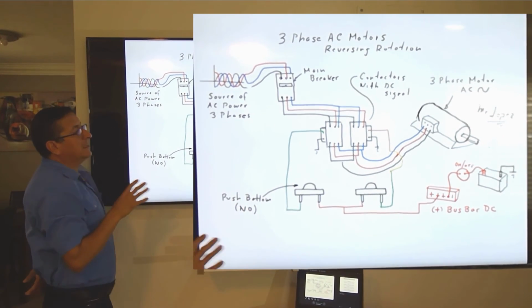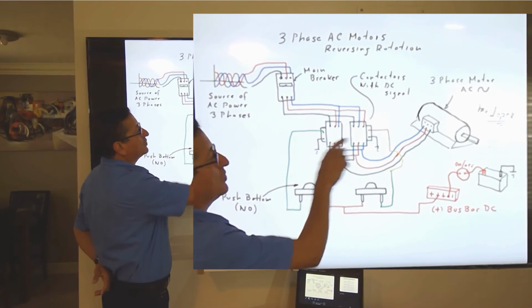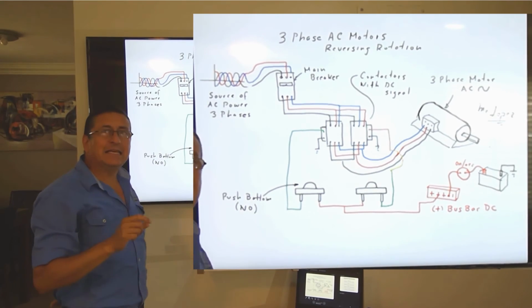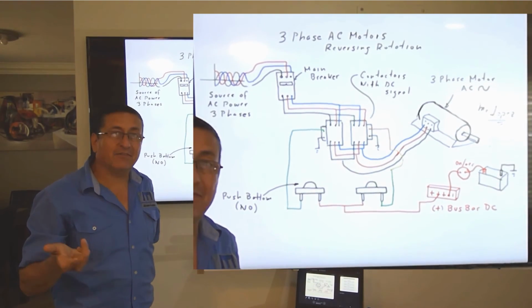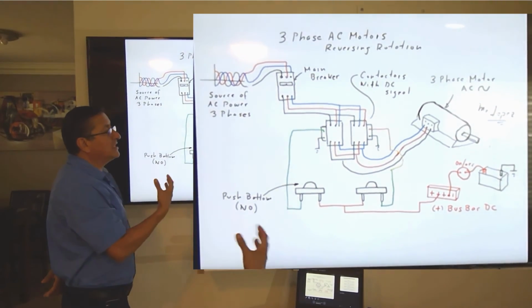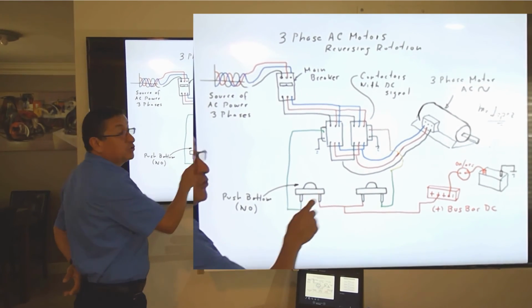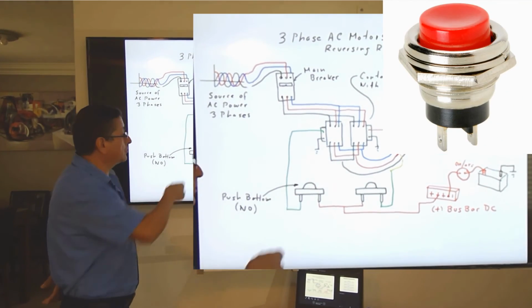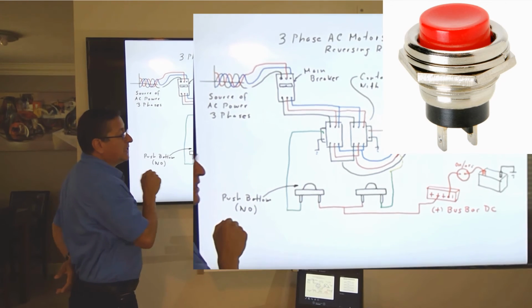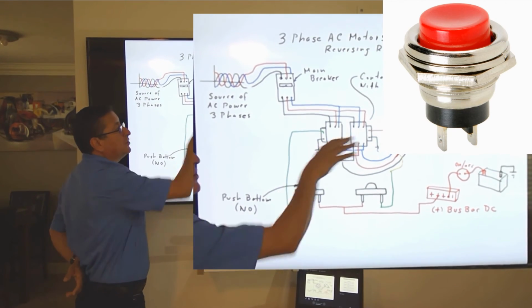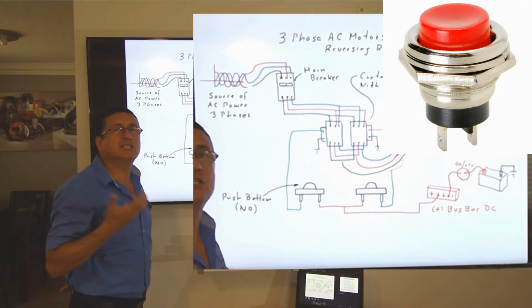And the signals. In this particular case, those contactors are DC remotely activated. The activation is DC. I have a couple of push buttons, normally open push buttons. And I am going to activate those contactors with a DC signal.